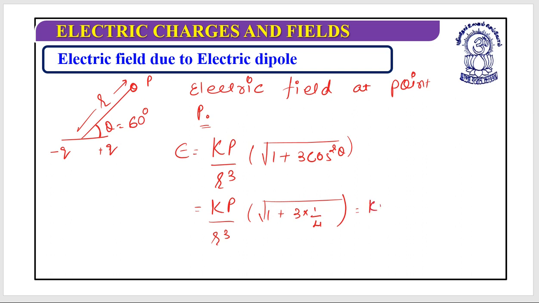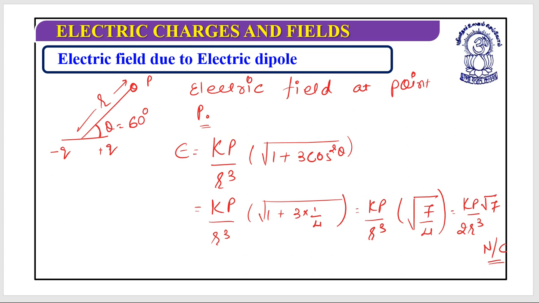So if I solve this, it is Kp by R cube multiplied by root of 7 by 4, that is, 4 plus 3 over 4. If you wish, you can take the 2 out of the square root. So it would be Kp by 2R cube multiplied by root of 7. This is E net, in Newton per coulomb. This is the unit of electric field.